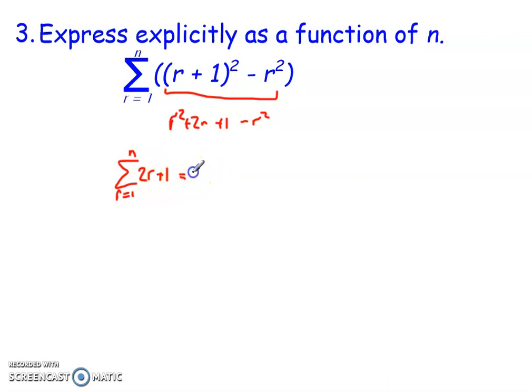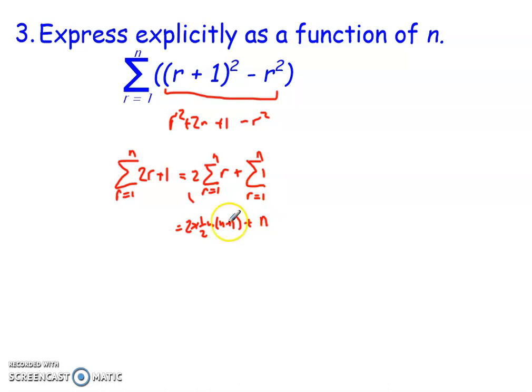So if I split this all up, I know it's going to be 2 times the sum from r equals 1 to n of r plus the sum from r equals 1 to n of 1. This first term here gives me 2 times a half n bracket n plus 1, plus the second term, which just gives me an n.